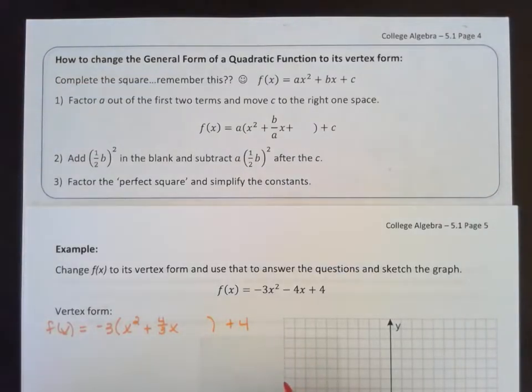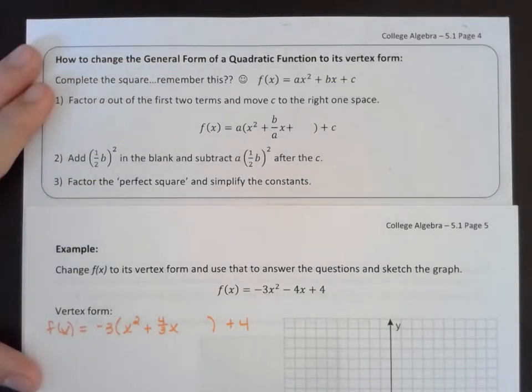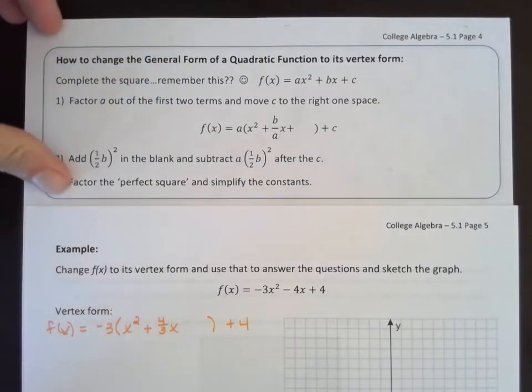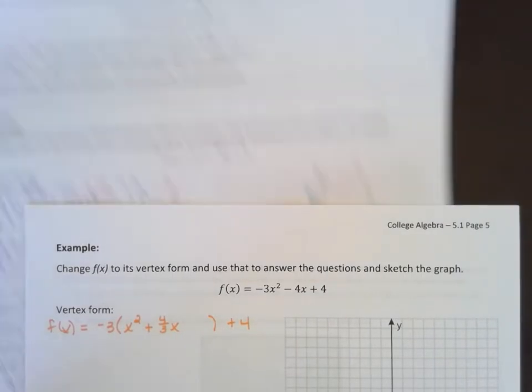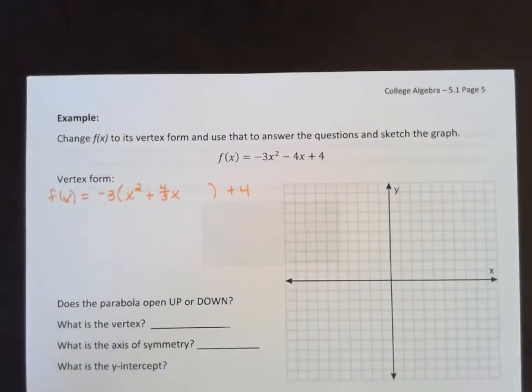You can double check that by multiplying it back out. -3 times x squared is -3x squared. -3 times 4/3, the 3's would cancel, leaving you with a -4x. So you can multiply it back out just to make sure you did all your math correctly. That's what's different between the last problem we did and this one.